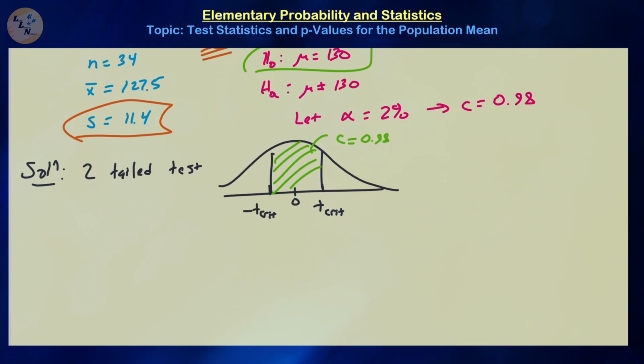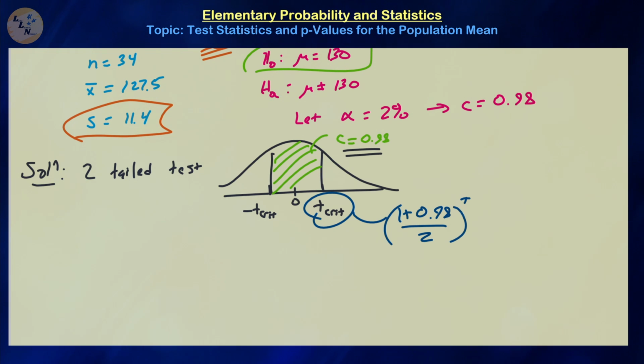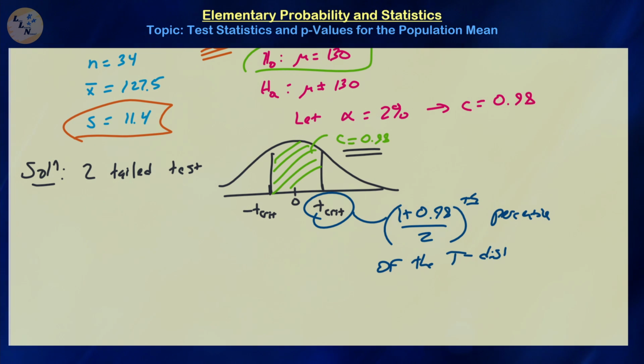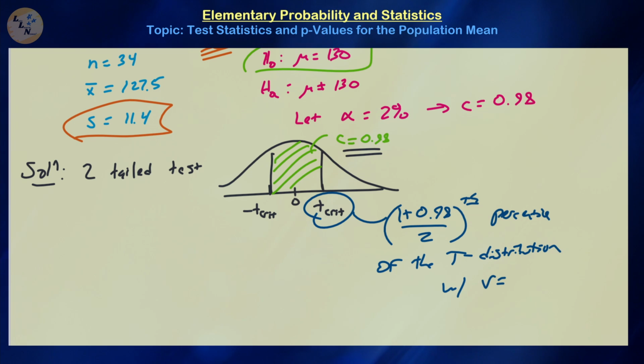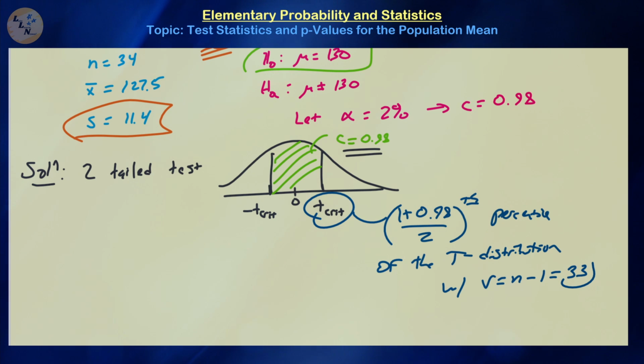So since we have a two-tailed test with C equal to 98%, that means this t-critical value is going to be associated to the (1 plus 0.98) over 2th percentile of the t distribution. And keep in mind we have infinitely many t distributions because we have to have a degrees of freedom. Since the degrees of freedom for a single sample test is going to be n minus 1, this is going to be equal to 34 minus 1, which is 33.